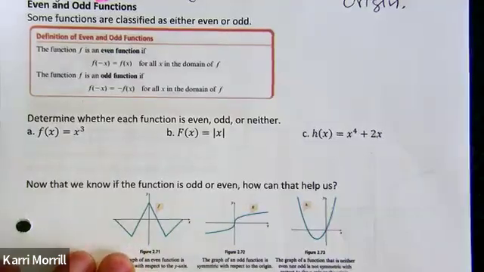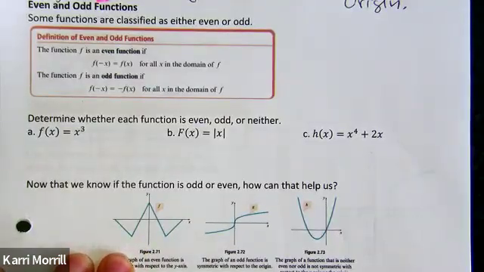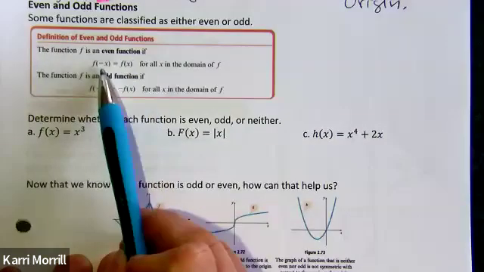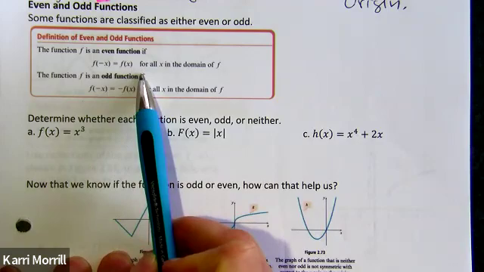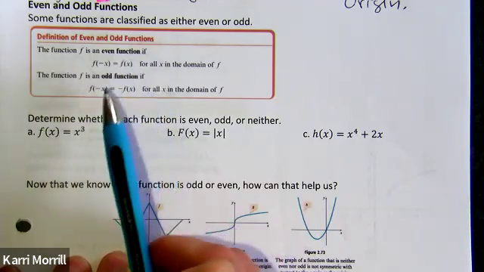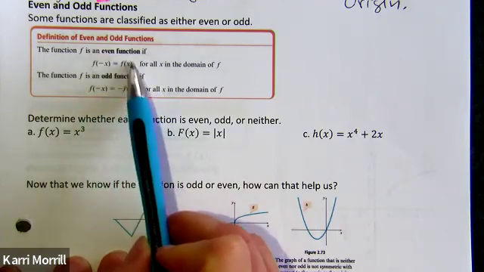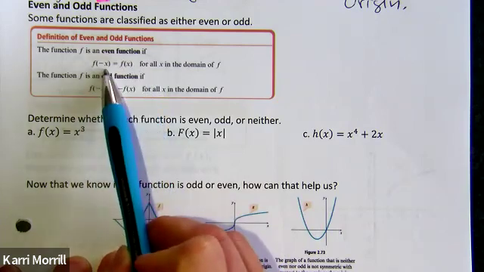Some functions are classified as even or odd. So basically what this means is an even function is when you change the x value and your y stays the same. Like if you plug a negative in and it came out a positive y, that's what this would mean.